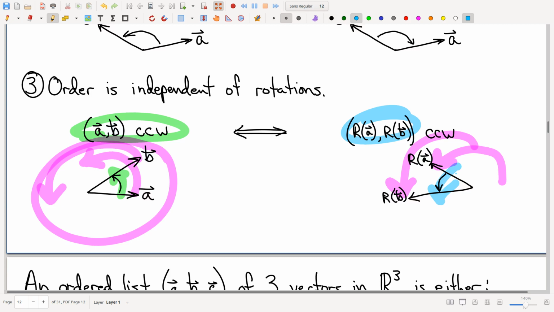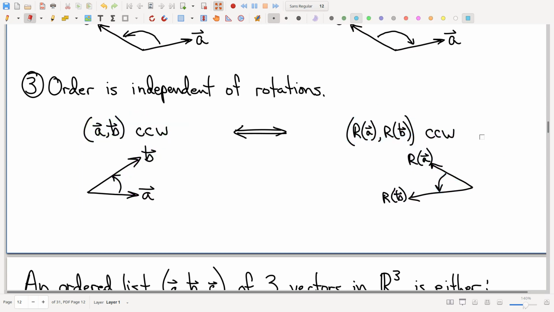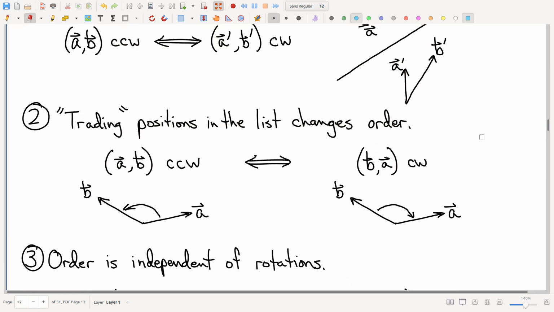Yes? I don't really get what trading positions in the list changes order means. Like, what if it's linearly dependent? Oh, well, if it's linearly dependent, then yeah, changing the order will still be linearly dependent.